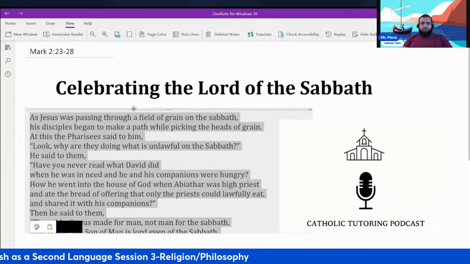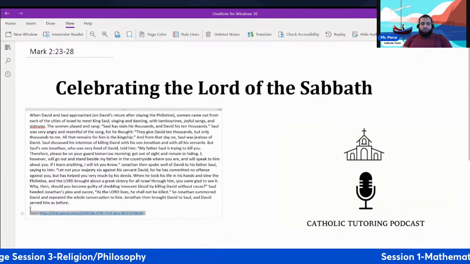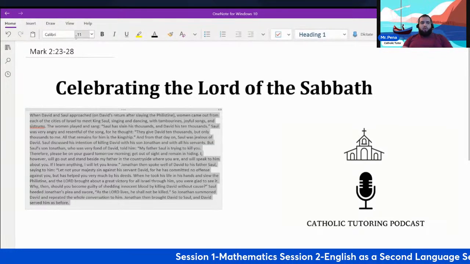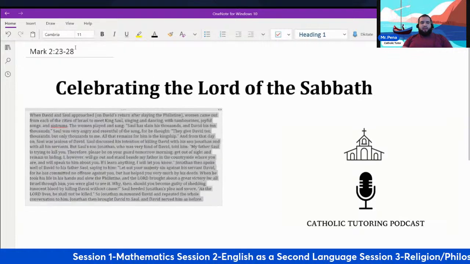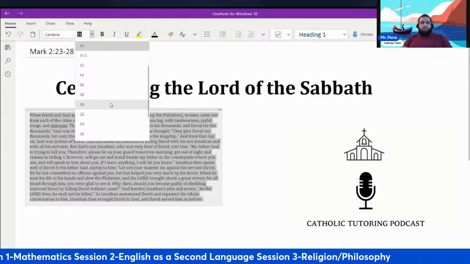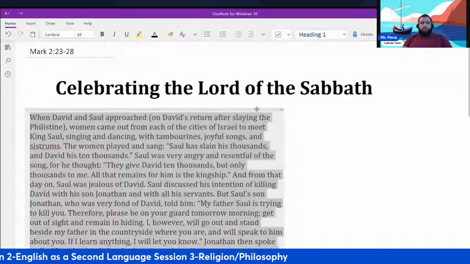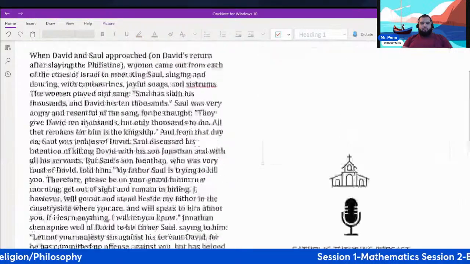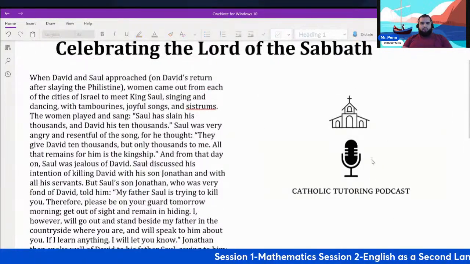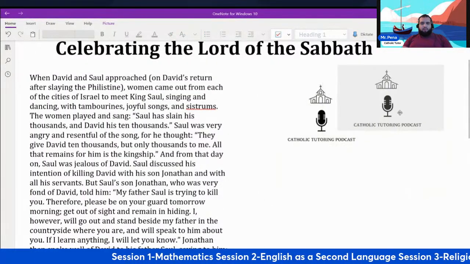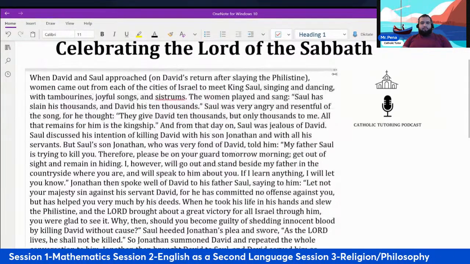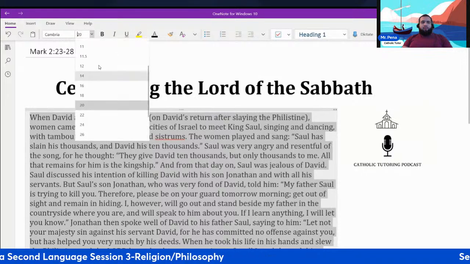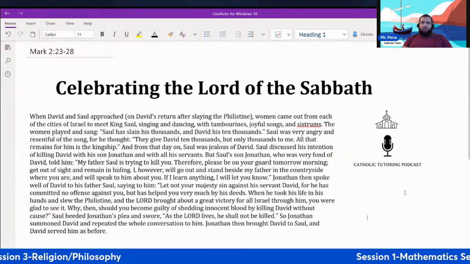The passage reads, when David... can anybody see that? Okay. No, this is supposed to be small enough for you to read and see it. So I'm going to have to shrink it. Rather, make this smaller. Okay, maybe good enough. Now, let's shrink the font. Okay, that's pretty good.